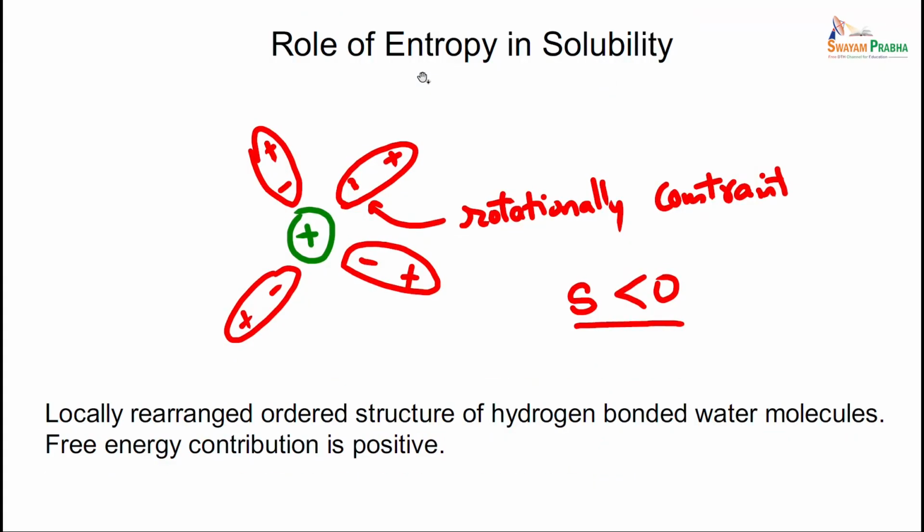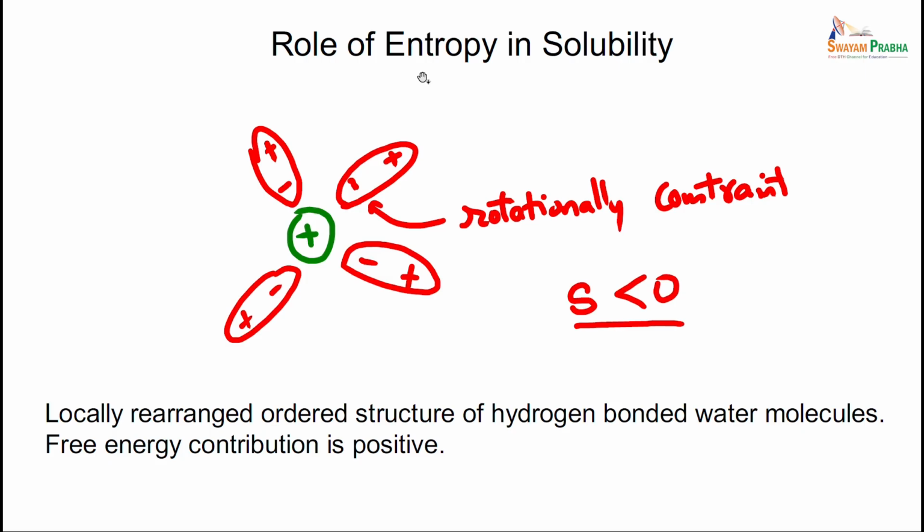There's also another thing. I just talked of the dielectric constant, but there is entropy playing an important role. Entropy is related to arrangements, and whenever you bring in any ion that creates a hydration shell, it causes the hydrogen bonding to change around that particle. It makes it more ordered locally.